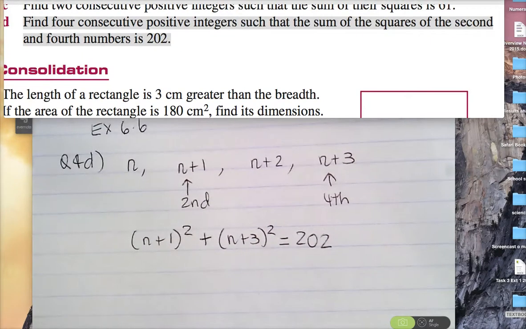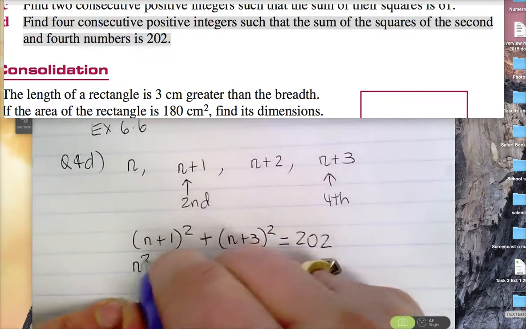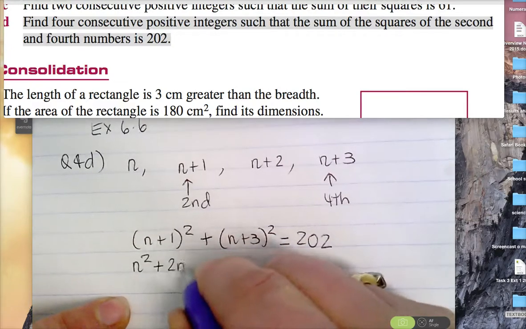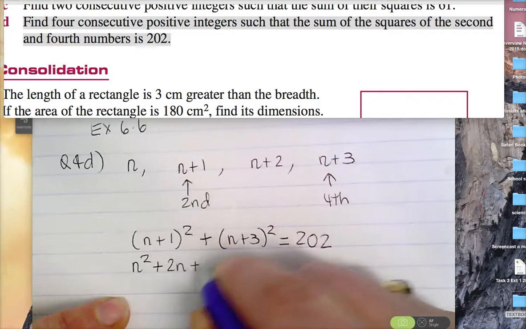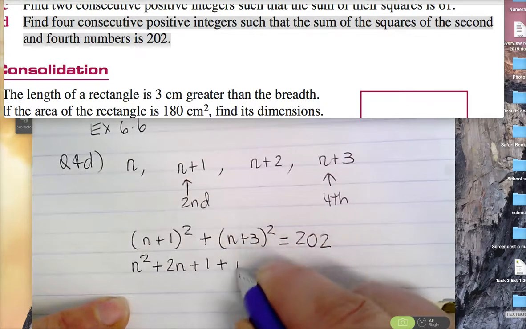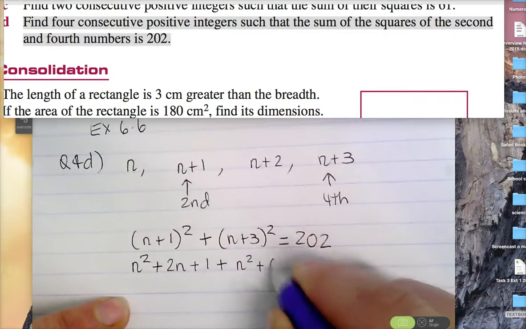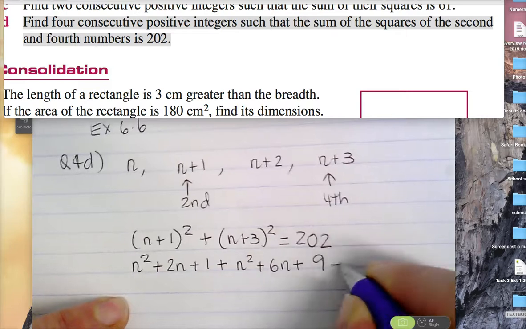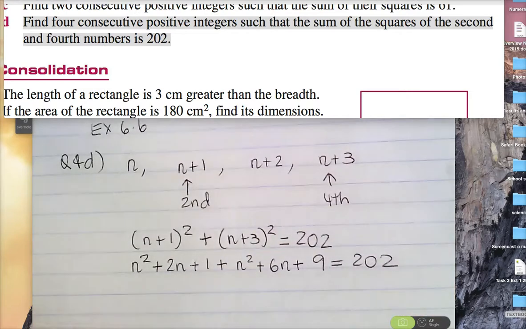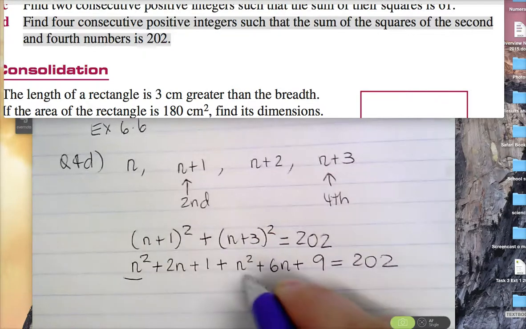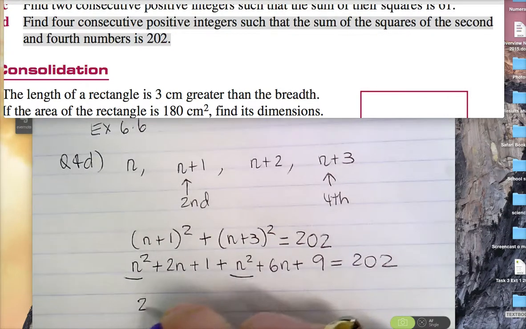If we continue to solve this now, what do we get? Perfect square. N squared plus 2n, because it's plus 2 times 1, plus 1 squared, plus n squared plus 6n plus 9 equals 202. Sorry, we end up with a quadratic. So collect like terms. N squared and n squared is 2n squared.